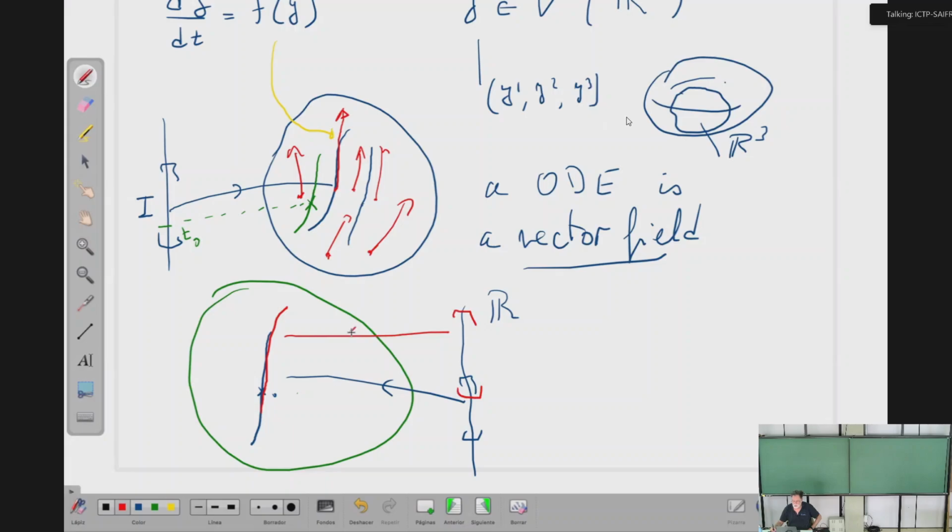These two solutions are different in the way we define solutions. So when we deal with uniqueness, we have to say in which sense the solution is unique. Because these two solutions go through this point at the same time, but they are different because the domain of definition is different. So we have to say what it means that the solution is the same, this uniqueness.